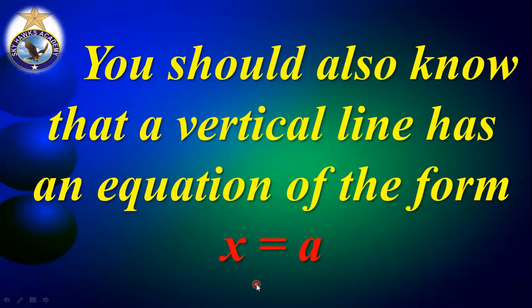If it is parallel to the y-axis, the equation is x = a. So if parallel to x-axis, y = b. Parallel to y-axis, x = a. So it's a vertical line.